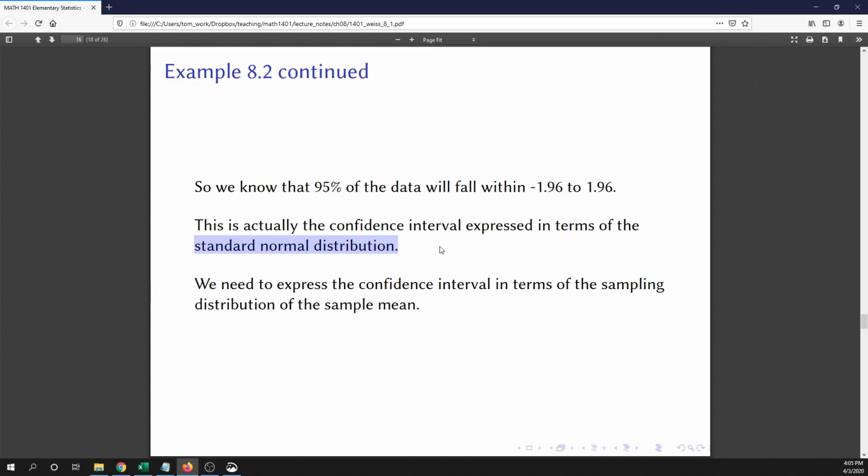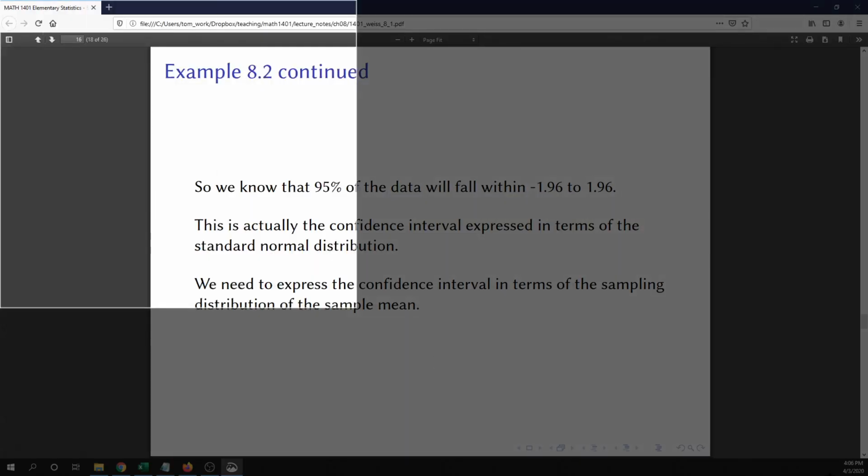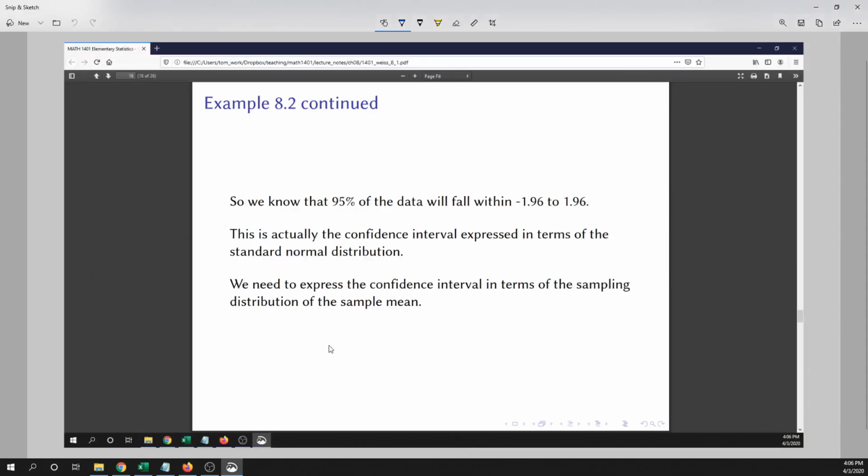And all we really need to do is go back and express that confidence interval in terms of the sampling distribution of the sample mean. All right? Remember, the sampling distribution of the sample mean is mu of x bar, the mean of all the sample means, which is equal to the population mean.